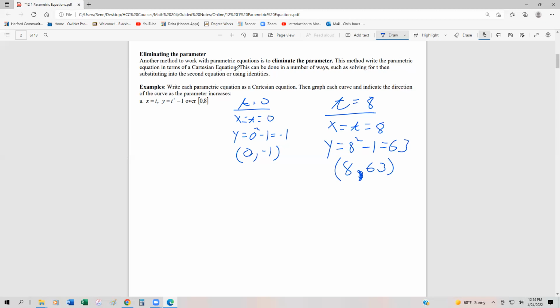Now, the next thing we're going to do is eliminate the parameter. Notice that t is equal to x, so I'm just going to substitute it back in, and we get that y is equal to x squared minus 1. And we know this is just a parabola.